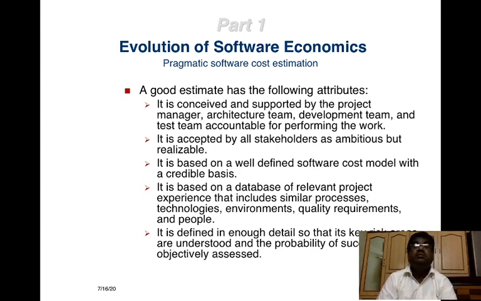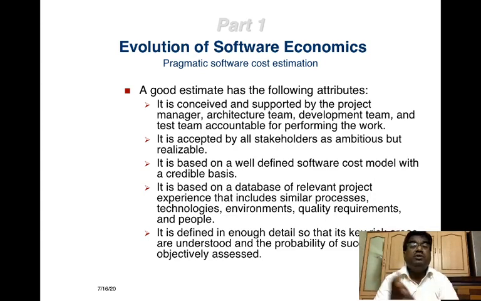It is accepted by all stakeholders and unambiguous but reliable. There should not be any ambiguity. The cost they prepared should be accepted by all stakeholders. It is based on a well-defined software cost model with a credible basis.